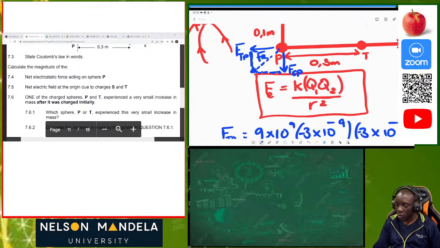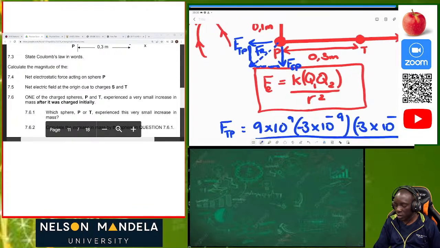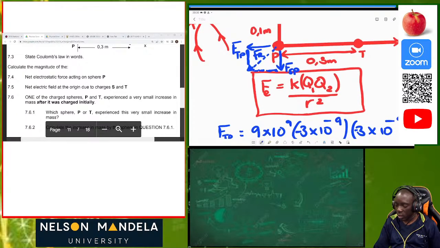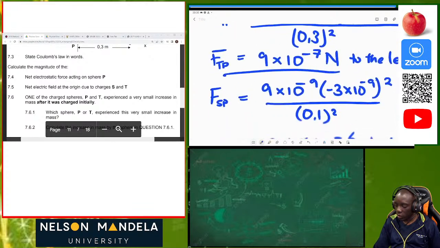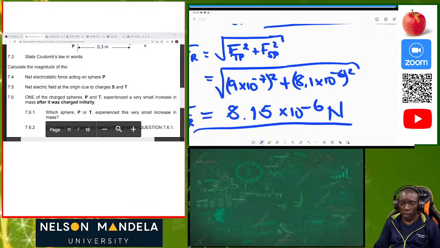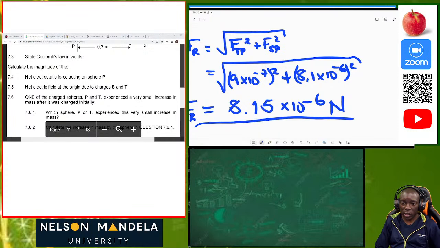So we have a force to the left, which is the force from T on P, and the force downwards, which is the force from S onto P. And those two, by vector addition, will give us the net force by using Pythagoras theorem. So that should be quite easy.